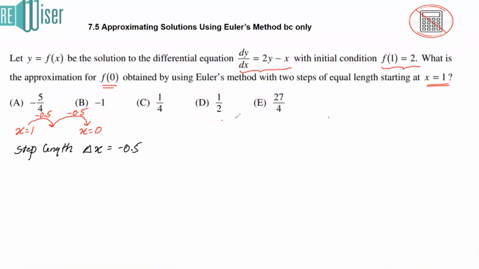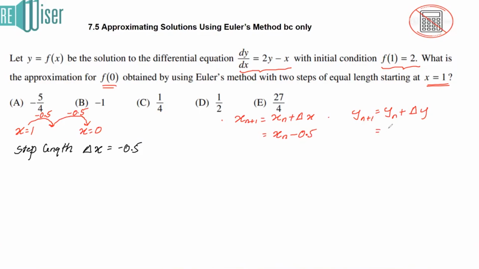x_n or x_(n+1), x_(n+1) is nothing but x_n plus change in x, and y_(n+1) would be y_n plus change in y. And x_n plus change in x, we know it as negative 0.5, we can write it like this.